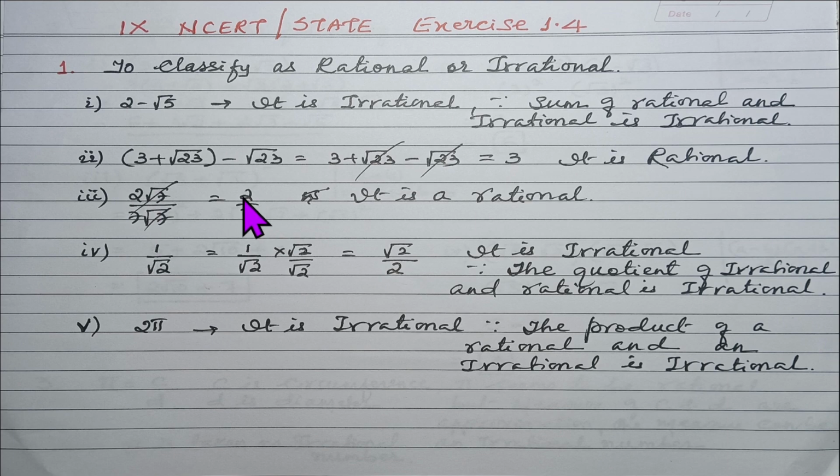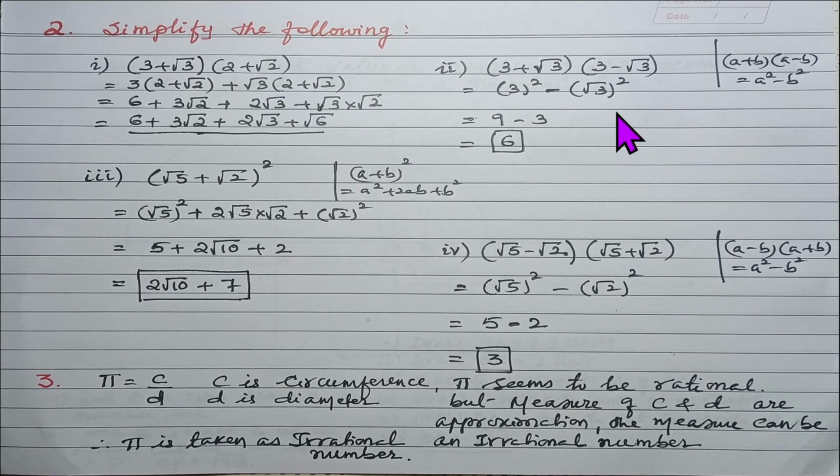Root 7 cancels here, therefore 2 by 7 is a rational number, that is, 2 root 7 by 7 root 7 is a rational number. 1 by root 2 is equal to 1 by root 2 into root 2 by root 2, which is root 2 by 2, and a quotient of an irrational and a rational is irrational, therefore 1 by root 2 is an irrational number. 2 pi is 100% irrational because pi is irrational and 2 is rational. A product of a rational and an irrational is always irrational, and therefore 2 pi is an irrational number.